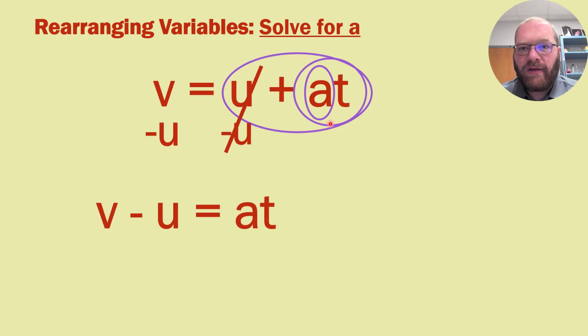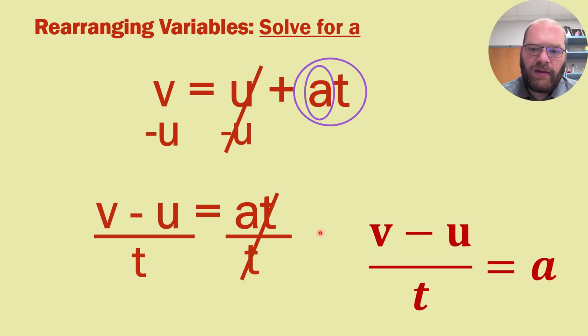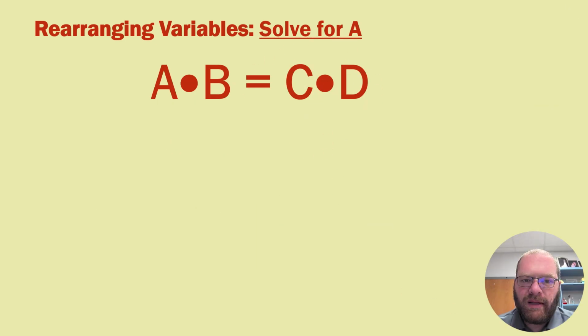We get V minus U equals AT, and then we have to undo times T, so we divide by T on both sides. That gets us A equals V minus U over T. You're doing some reverse PEMDAS, but again, just one layer at a time, working your way down to the variable that is needed.